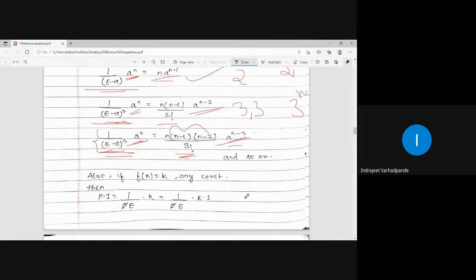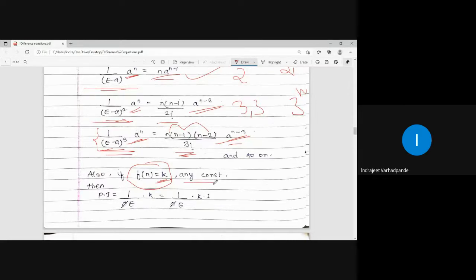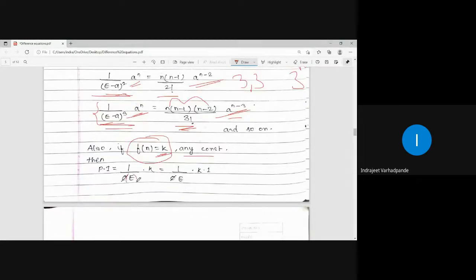Another possibility for application of this case is if RHS, that is f of n, is equal to k, which is any constant. So how is k written? k can be written as k into 1, and k into 1 can be written as 1 to the power n.